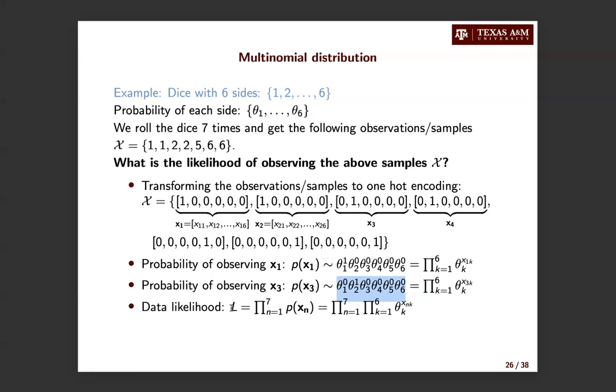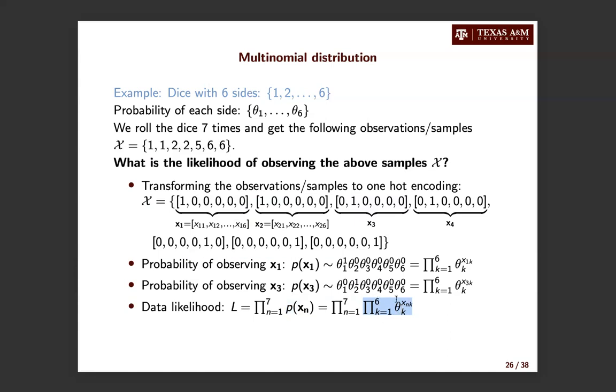Now the probability of observing all the observations is just the product of these separate probabilities. From here we have this product, and each of these probabilities is again another product, which corresponds to the product of all the thetas raised to the corresponding element of the one-hot encoding.